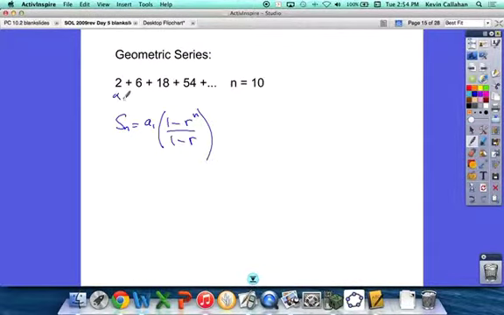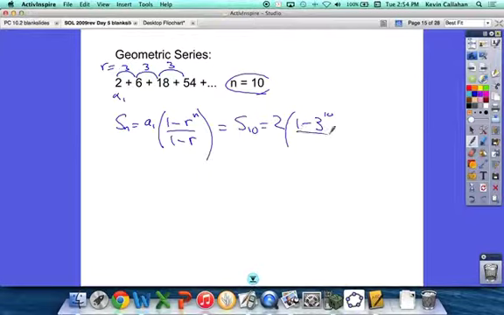The N is 10, that's given, right? You just have to figure out what's the R. It looks like the R is 3, right? This is the same sequence that we used before. So S10 equals first term of 2 times 1 minus 3 to the 10th over 1 minus 3.